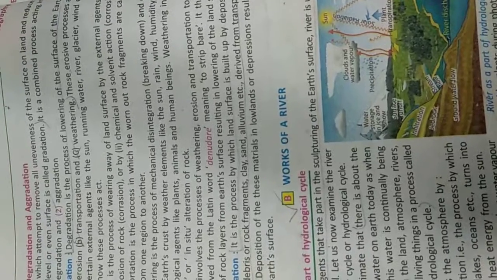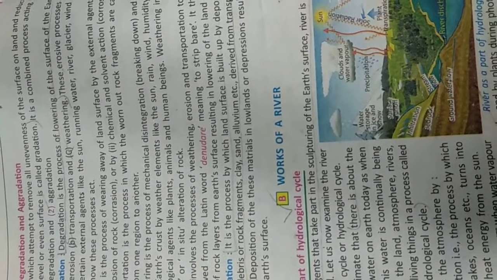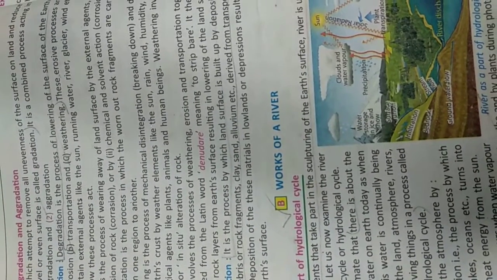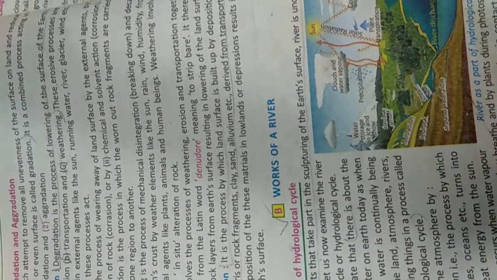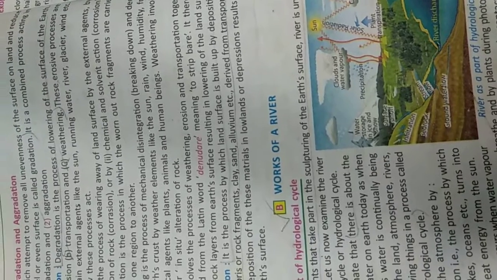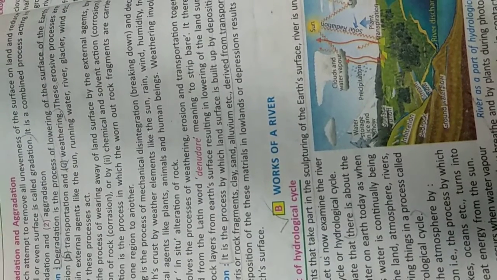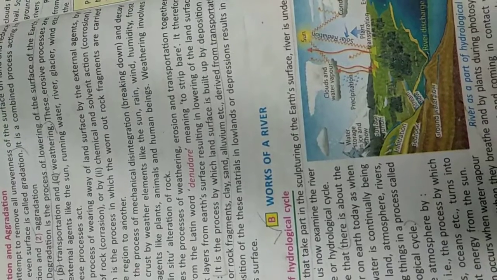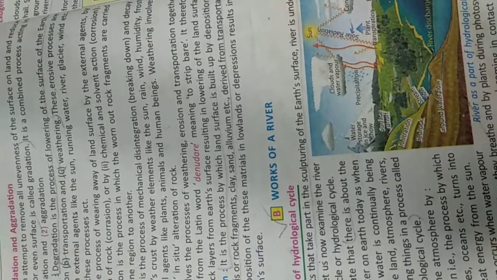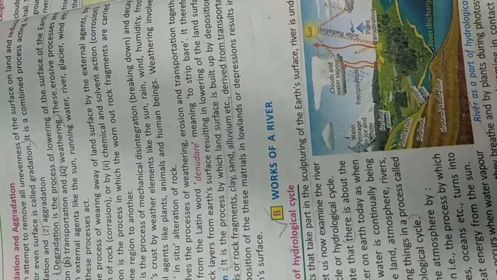So the place where it is accumulating or depositing debris or rock fragments, clay, sand, alluvium, whatever, through transportation and denudation, the new landforms or the levels of the earth's surface rising or forming is known as aggradation.